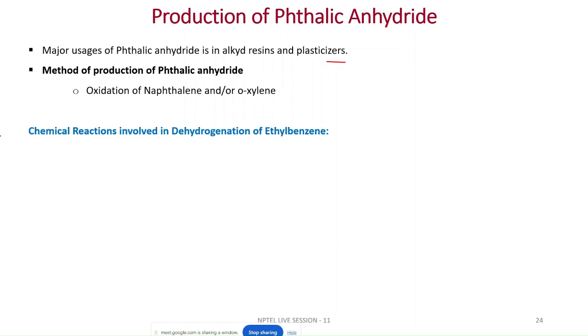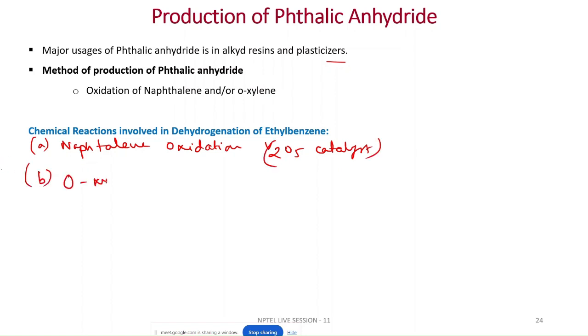The first step is the naphthalene oxidation process in the presence of V2O5 catalyst. The second step is the orthoxylene oxidation process, also in the presence of the V2O5 catalyst.